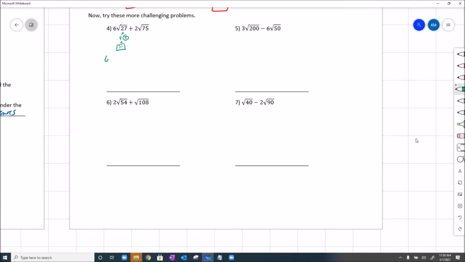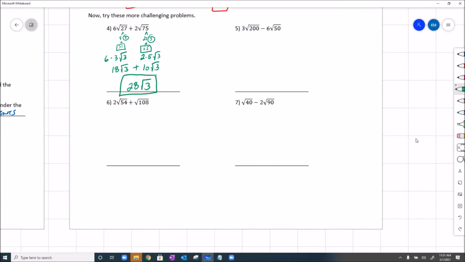So 6 times 3 radical 3, 6 radical 27 simplifies to 18 radical 3. 2 radical 75, that's 25 times 3, it's 5 and 5. So that gives us 2 times 5 radical 3, or 10 radical 3. So 18 radical 3 plus 10 radical 3s. How many radical 3s do we have? They're like terms, so we can add them. 28 radical 3. Remember, when we add or subtract, our radicals don't change. If they're like terms, they stay what they are.